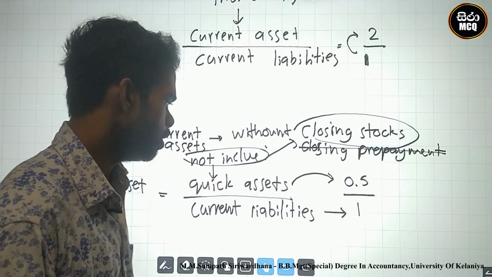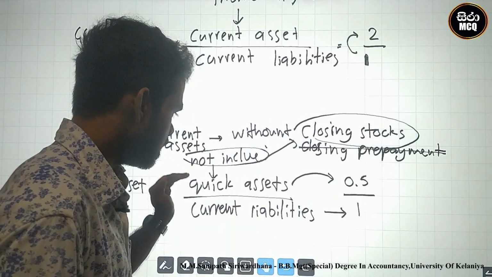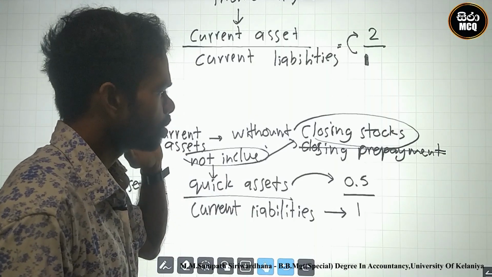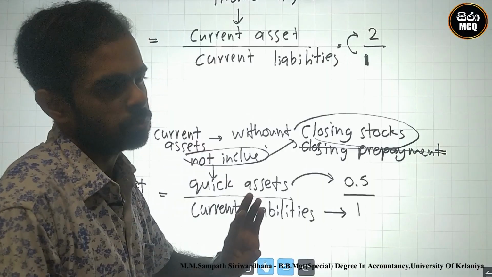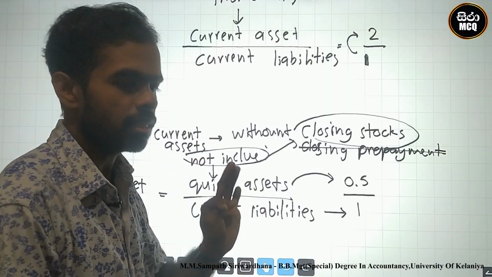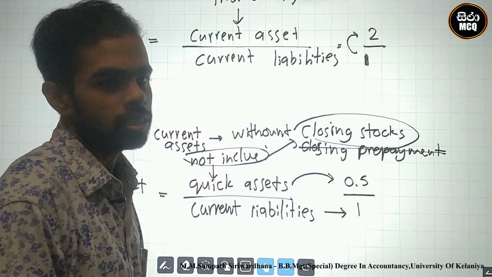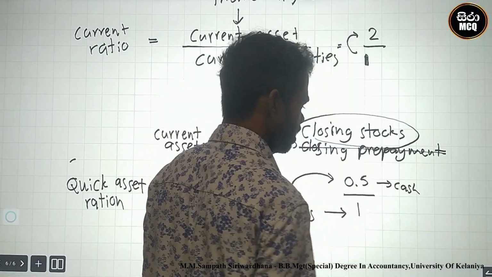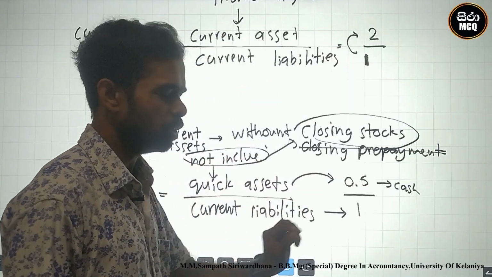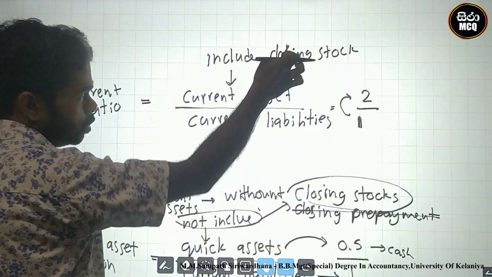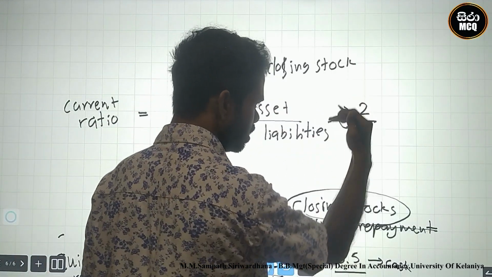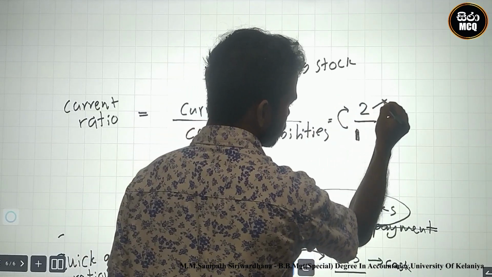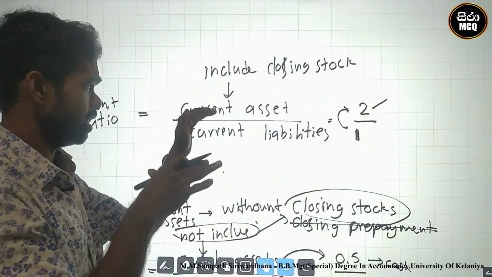Okay, at that point, look here, in the quick asset ratio, the assets have only cash, trade receivables and other receivables. There are no closing stocks. This is the cash amount, only cash 0.5. This time the current assets are 2, which include all current assets.